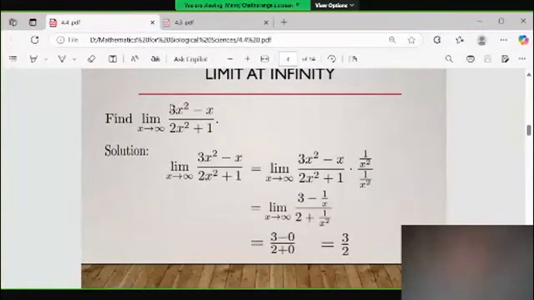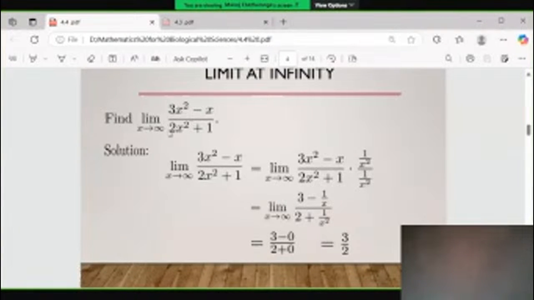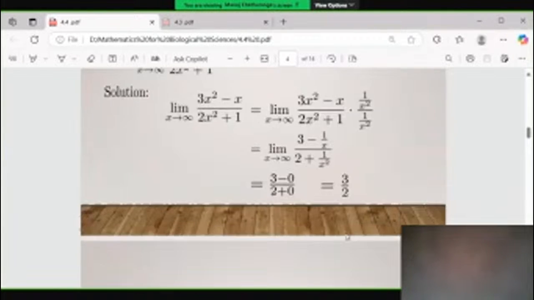Both of these functions will be on the same level because both of them have the growth rate of x squared. In that case, since I took those functions from the same level, the answer won't be 0 or infinity. It will be some other finite limit.